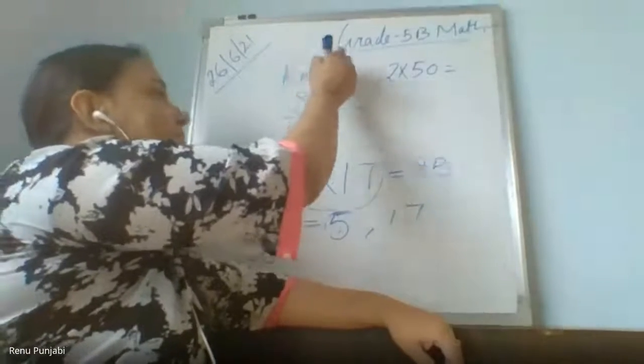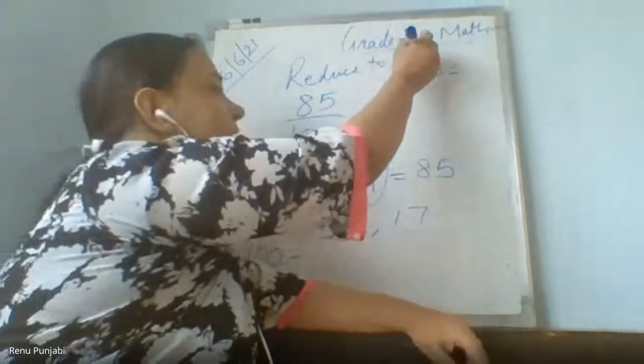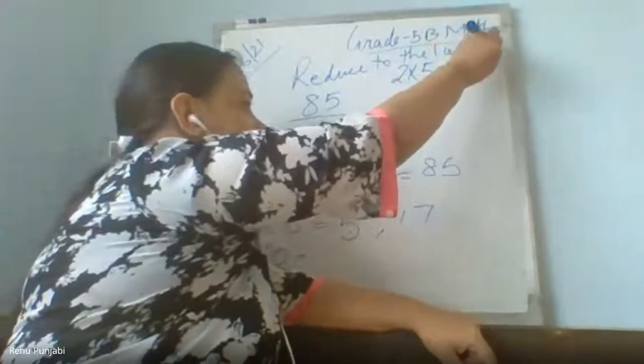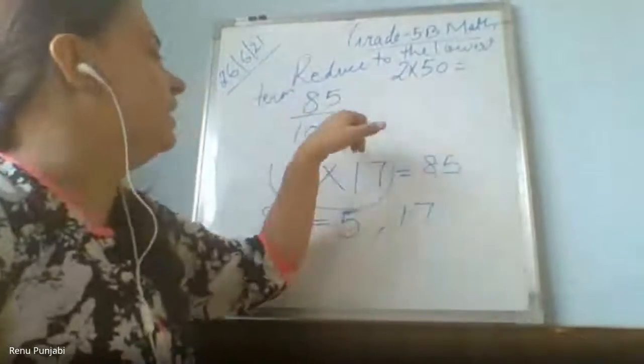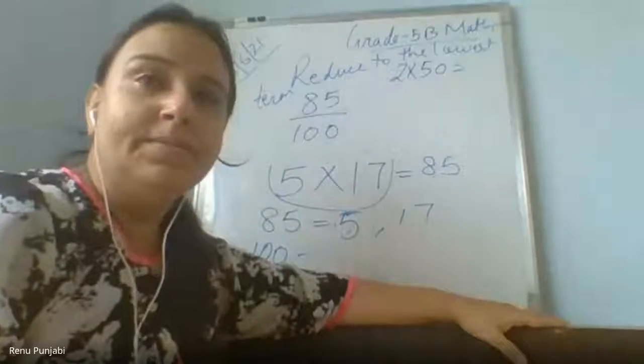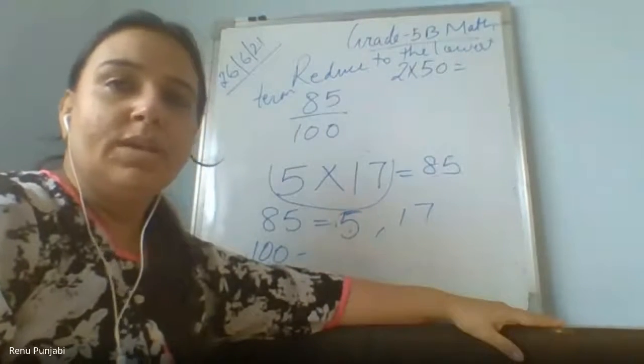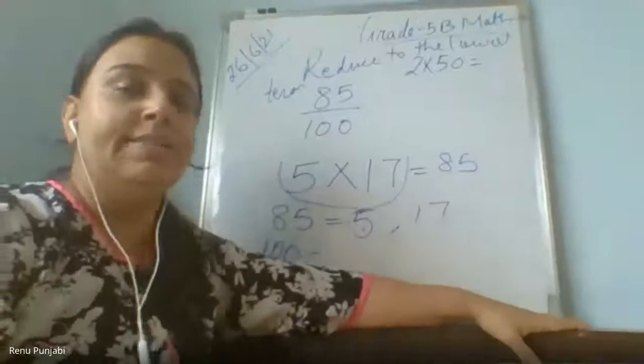Ma'am, what do we have to write as the heading? Reduce to the lowest term. Now tell me, after 2, is 100 divisible by 3? No. Is 100 divisible by 4? Yes.